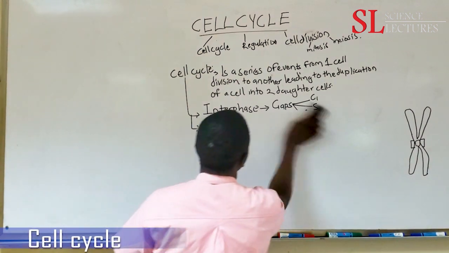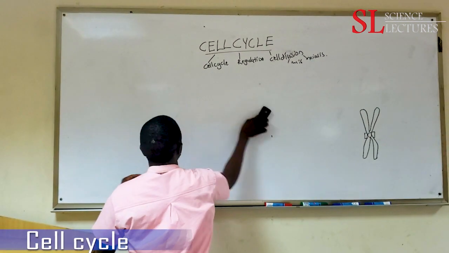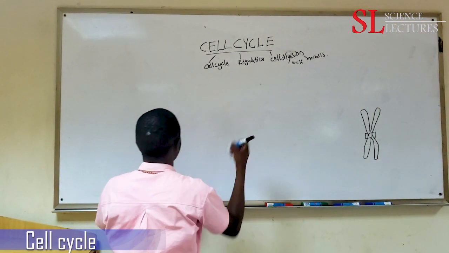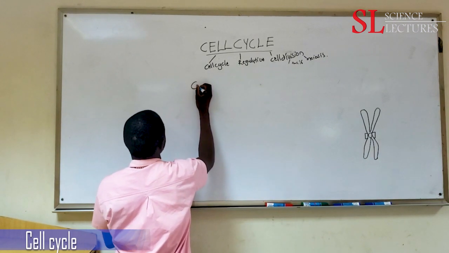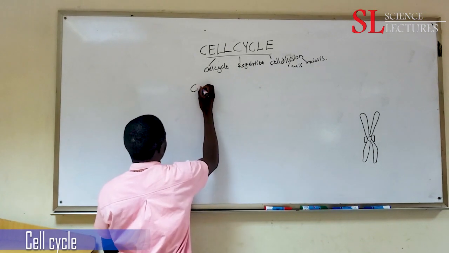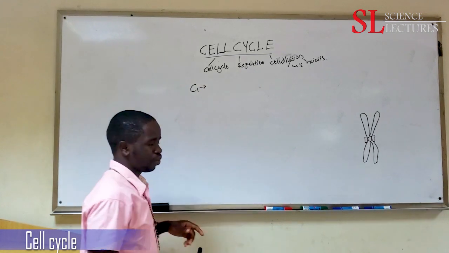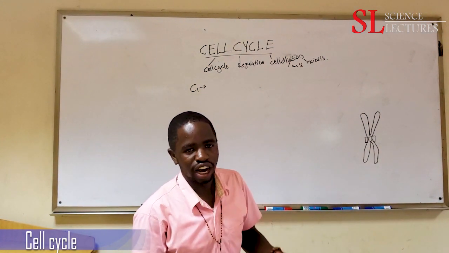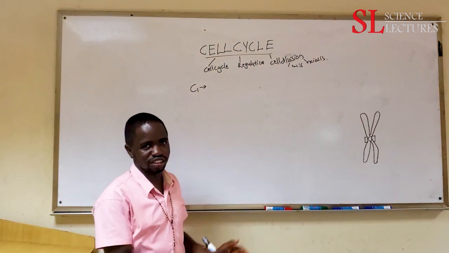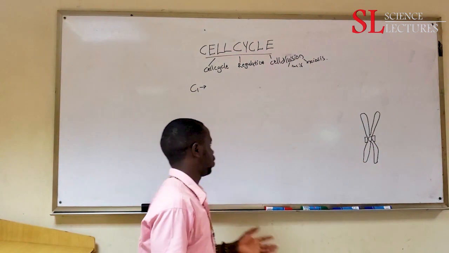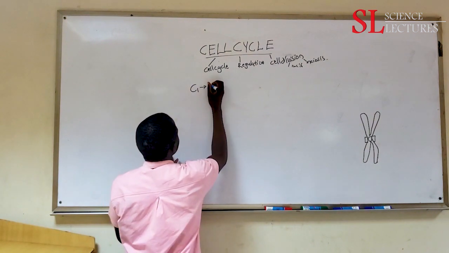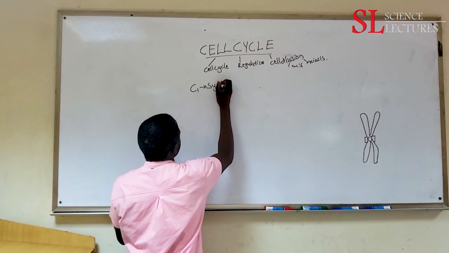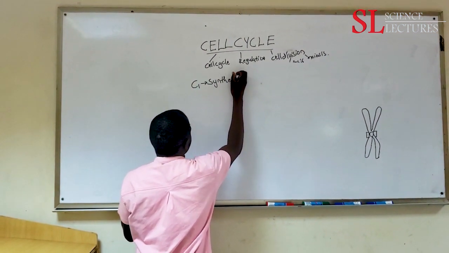Let us begin by looking at the interphase. I said the cell cycle begins with a G1 phase. And what happens in the G1 phase? Number 1, our cell is getting ready to divide, and the daughter cell must have the exact contents as the parents. So the cell begins by synthesizing new organelles.